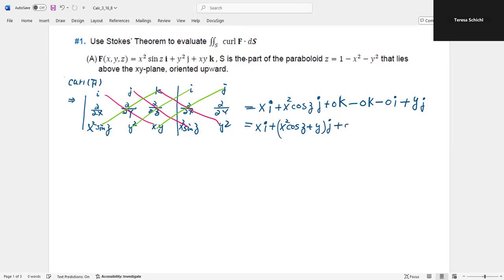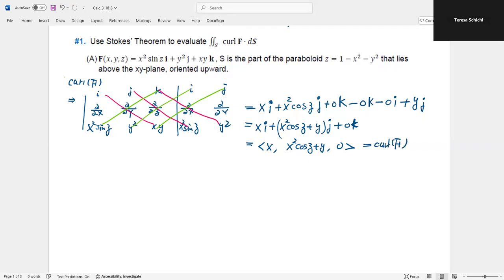And the plus 0 k here. So the curl, I can write it as a function: x squared cosine z plus y and the zeros, right? So that is my curl. So this one is my curl F here.